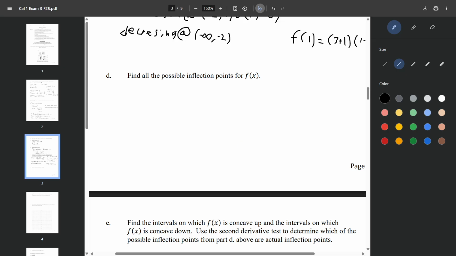Alright, so for part D, we are asked to find all the possible inflection points for f of x. So in order to find the inflection points, we are going to be using f double prime of x and do similarly to C, find when the equation is equal to 0. So let me see. If I remember correctly, it's 12x squared minus 12.